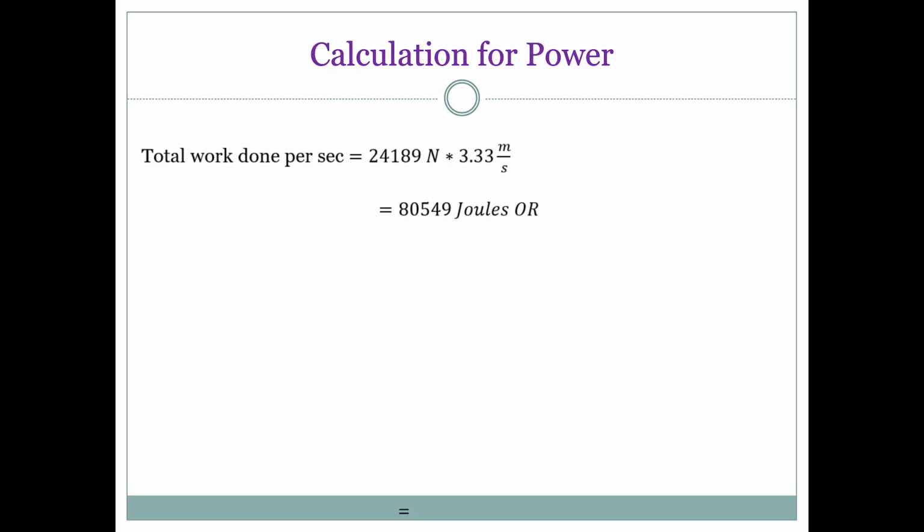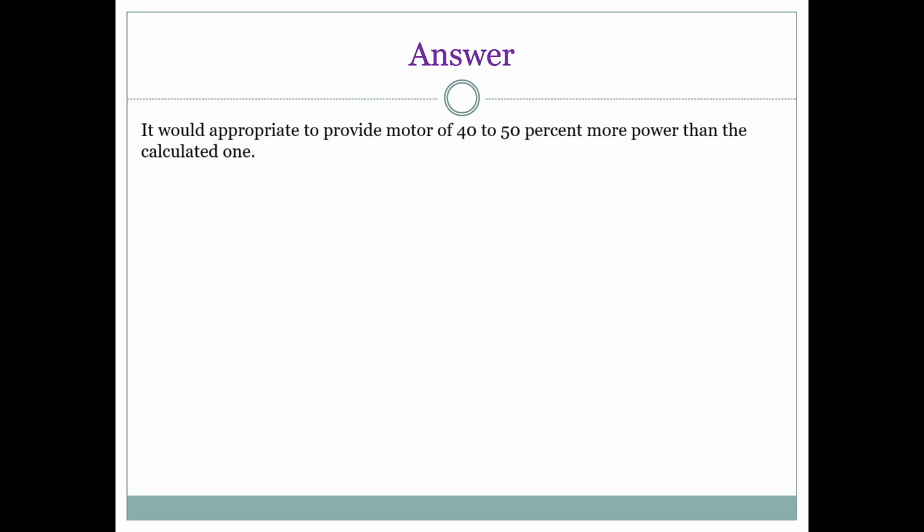Converting that into kilowatts, we get a numerical value of 80.55 kilowatts. So dear friends, let's come to the answer. So for all practical purposes, if you want to have a motor, then we need to take 40 to 50% more power than what you have actually calculated.